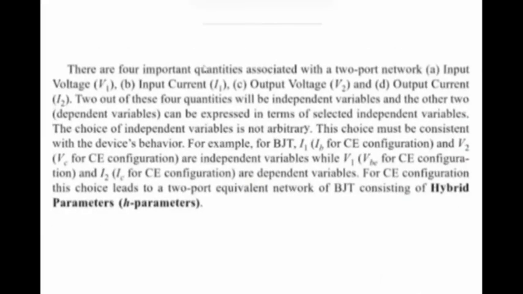We will have an immediate question while discussing H parameters: why are I1 and V2 independent and V1 and I2 dependent? This is because if we consider the CE configuration, the input current I1 is independent and V2, that is the collector voltage in the CE configuration, is also an independent variable.